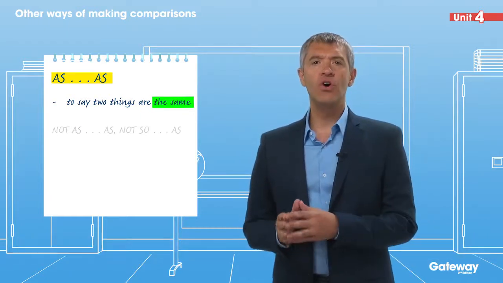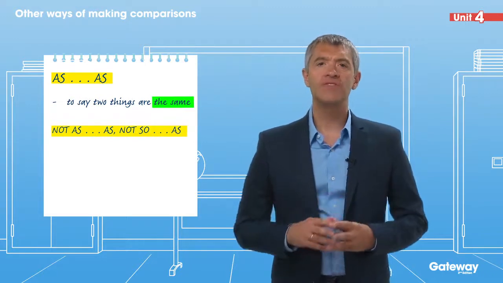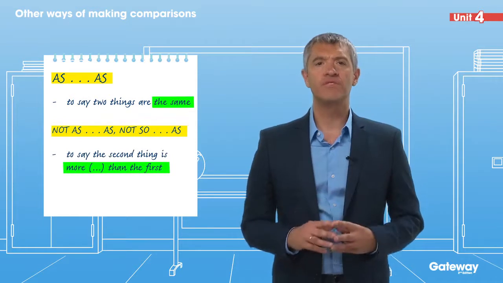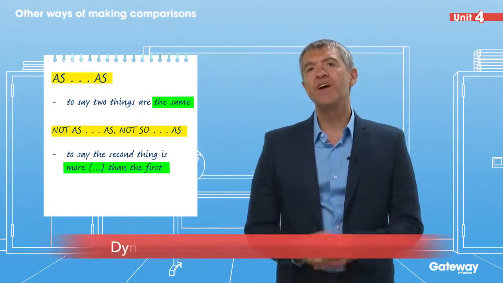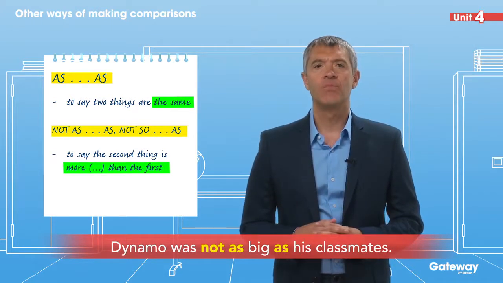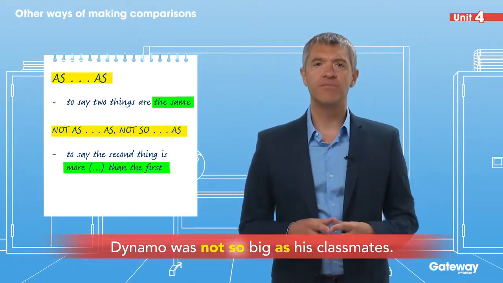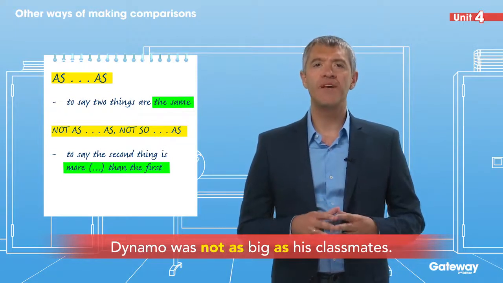We can use not as, or not so as, to say that the second thing is more than the first. So before, we said that Dynamo was not as big as his classmates, or Dynamo was not so big as his classmates. That means that his classmates were bigger than him.